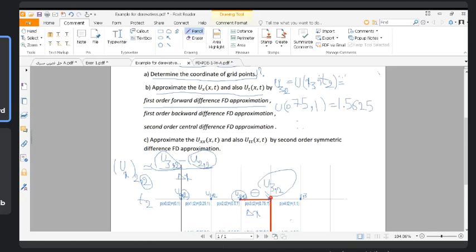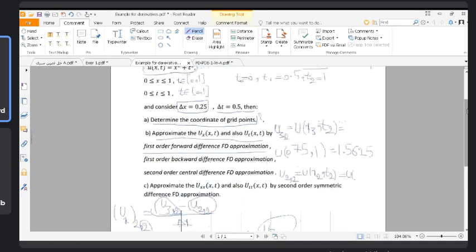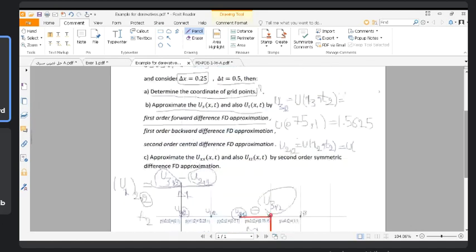And okay, for U22 equals U at X2 and T2. Okay? And equals U at X2. X2 is the third point and is 0.5, and T2 is 1.